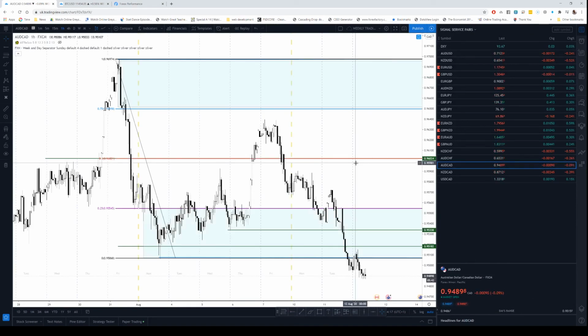Aussie CAD. I gave this level as a potential buy yesterday, and if it does break, I've shown you guys how to flip a trade. So if you do break, then you just flip it. Look for a continuation to the downside, and that's what happened today.